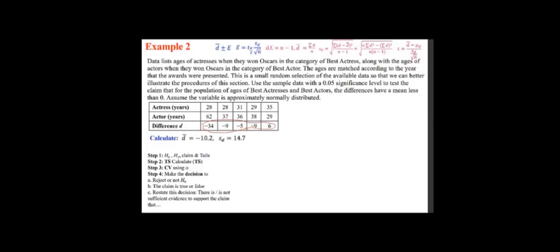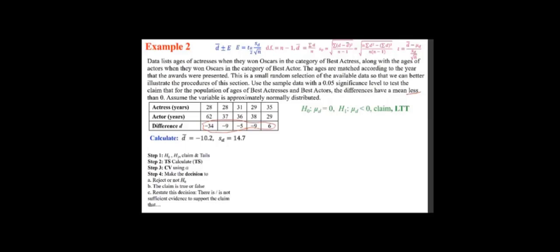Now, remember what this says, less than 0. So you have the first one taken care of. Mu sub D is 0. Mu sub D is less than 0. That's H1, and that is the claim, and that is a left tail test.